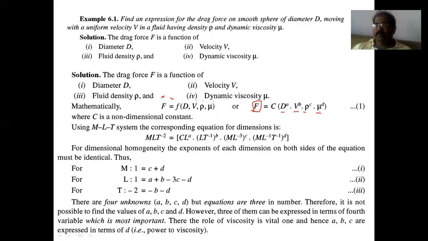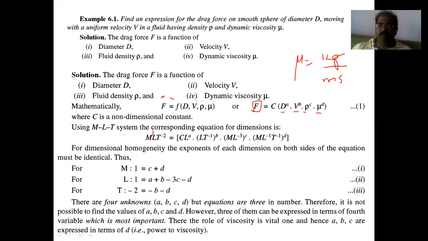Then mu is kg per meter second, so this will be denoted by M L raised to power minus 1 T raised to power minus 1, raised to power d. Let's compare here the mass, whose power is 1.